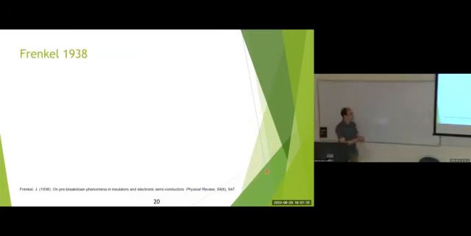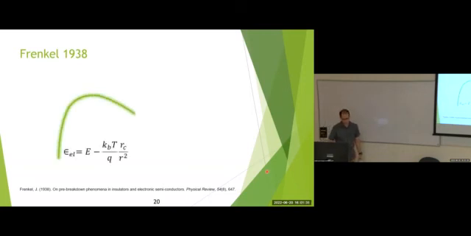Now, at the same time that Onsager suggested his second model, Frenkel also suggested his own model for the same system, but with a different scenario. So he used the same electric potential, only for the 1D case. And he said a very simple thing.